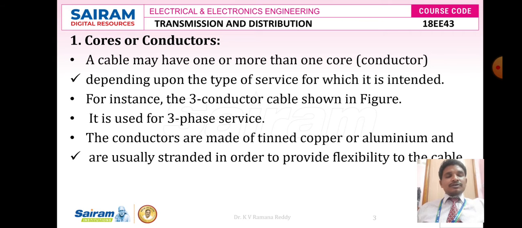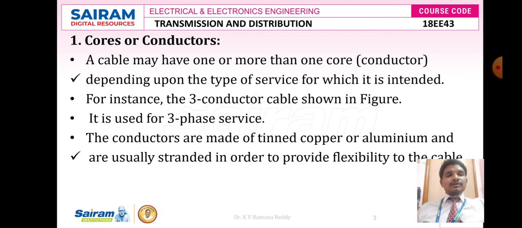Suppose you are using a single-phase single-line transmission system, then it is a single-core conductor. If you are using a single-phase two-way transmission system, it consists of a two-core conductor. If you are going to use a three-phase three-way transmission system, that is a three-core conductor.